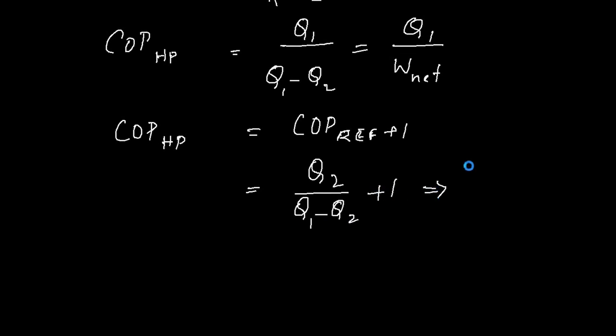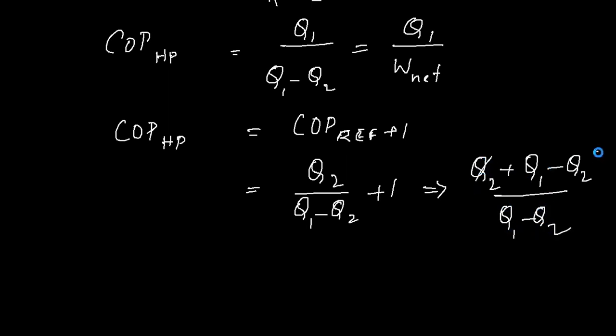Cross multiplying, that gives Q2 plus Q1 minus Q2 over Q1 minus Q2, and these two Q2 terms cancel, and you have Q1 over Q1 minus Q2, which is the COP of the heat pump.